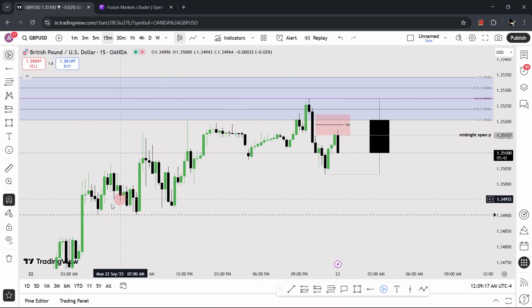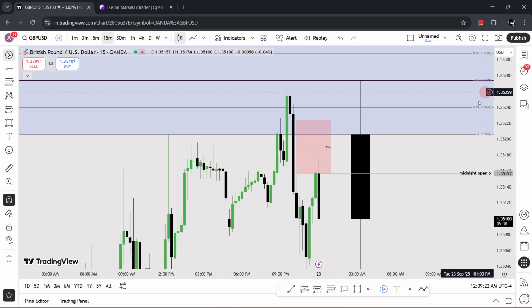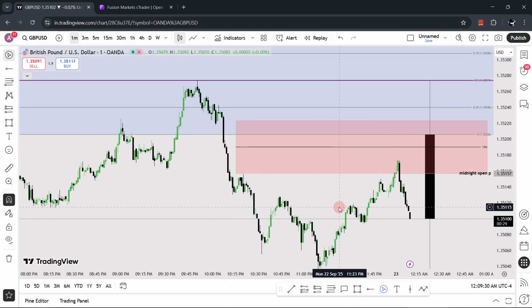So target for this rush you are going to enter, but I'm not going to enter from anywhere there. Okay, so you have this order block. Yeah, order block body was also respected. There you go.